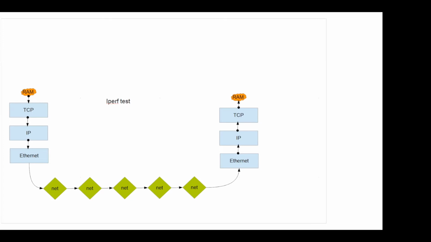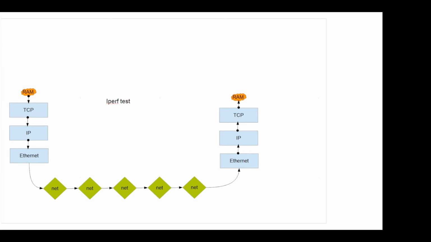And all of those green boxes have very similar blue boxes inside them along the way. And then it gets to the other side, and TCP writes it into a buffer in RAM to hand to the iPerf server on the server side, and the iPerf server validates that it got the packet and how fast it got it, and then it does away with it, deletes it.